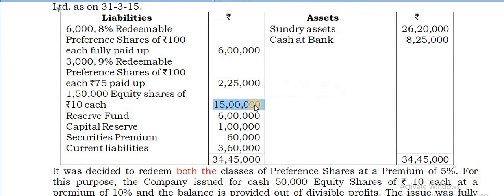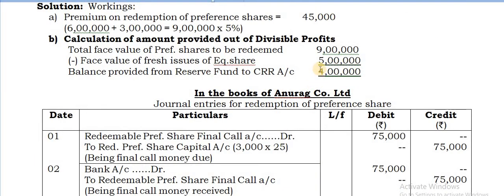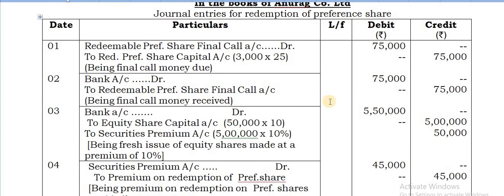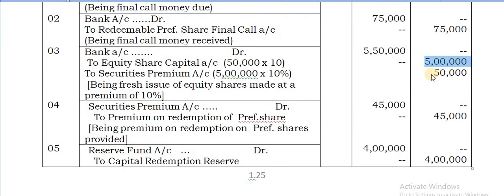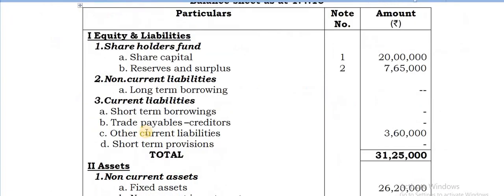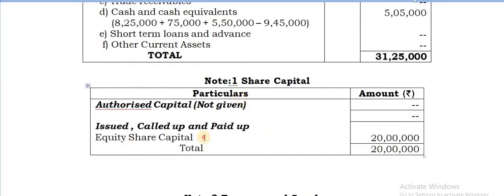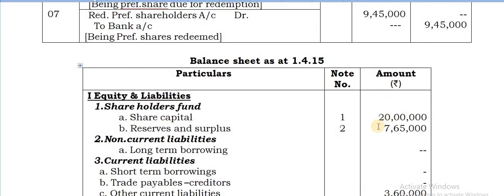This is the equity share capital available. Along with that, there is a fresh issue of equity shares. How much is that worth? 5 lakhs. Take only the face value. So 15 lakhs plus 5 lakhs, that is how you are going to get the 20 lakhs. So that is being taken here.